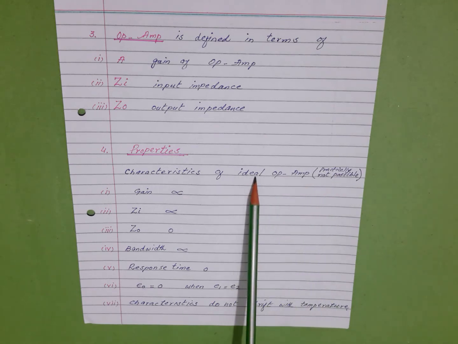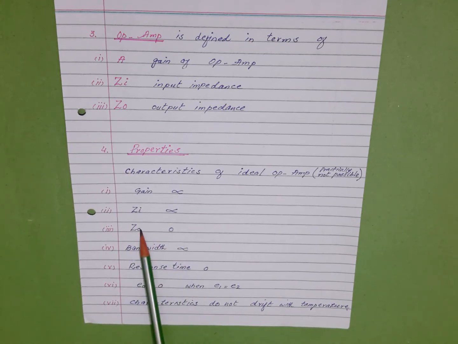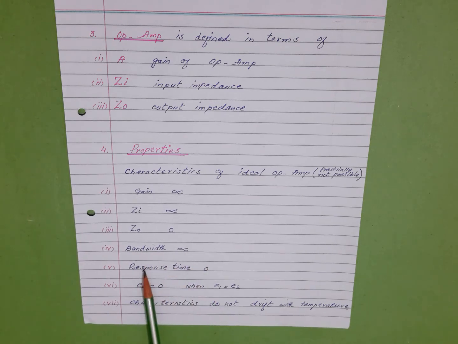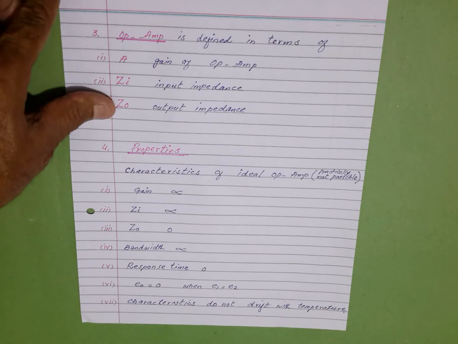However, for an ideal op-amp, the gain should be infinity, input impedance should be infinity, output impedance Zo should be 0, bandwidth should be infinity, response time 0, and E0, the output voltage, must be 0 when E1 is equal to E2, that is in differential mode. Characteristics do not drift with temperature. If there is a variation in temperature, these characteristics do not vary with the change in temperature. That should be the quality of an ideal op-amp.